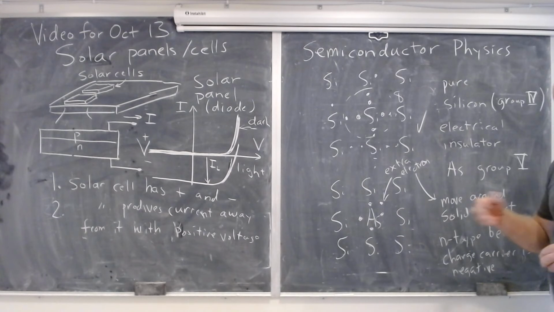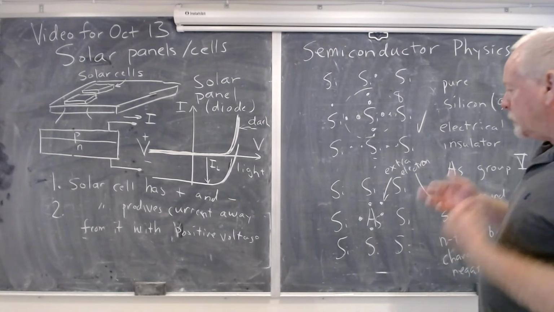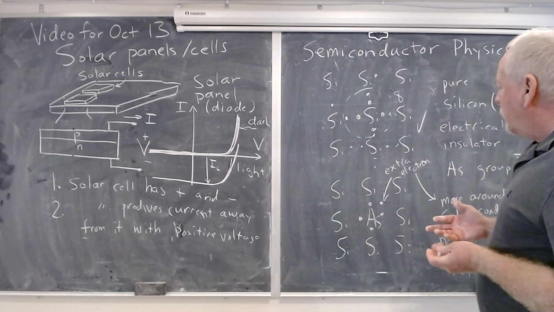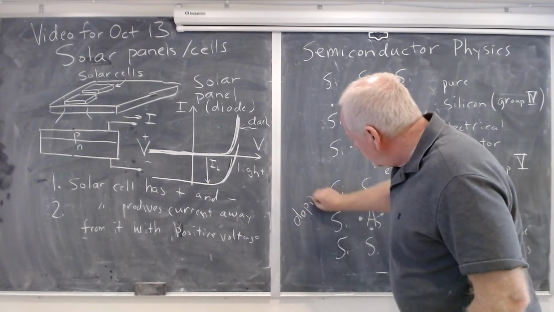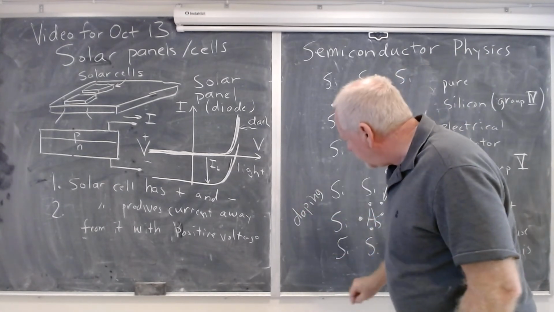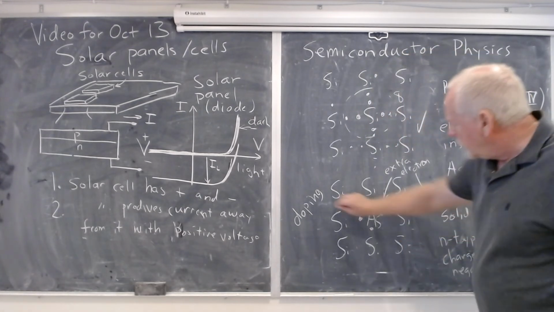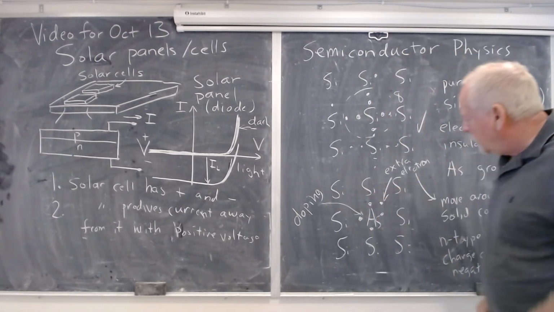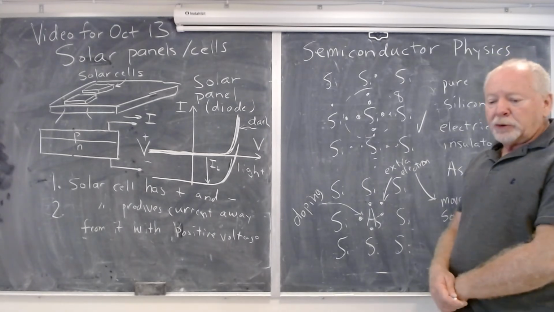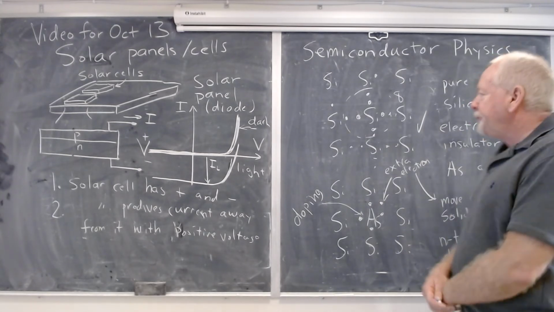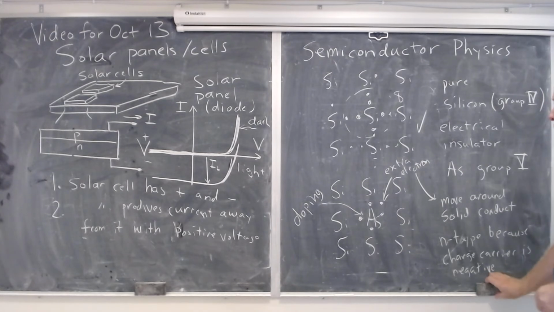You may be wondering, how can the charge carrier be positive? Well, I'm going to show you that now. This is called doping, and that refers to replacing some of the silicon atoms with what's called the dopant atom, in this case arsenic. All right, so that's n-type.